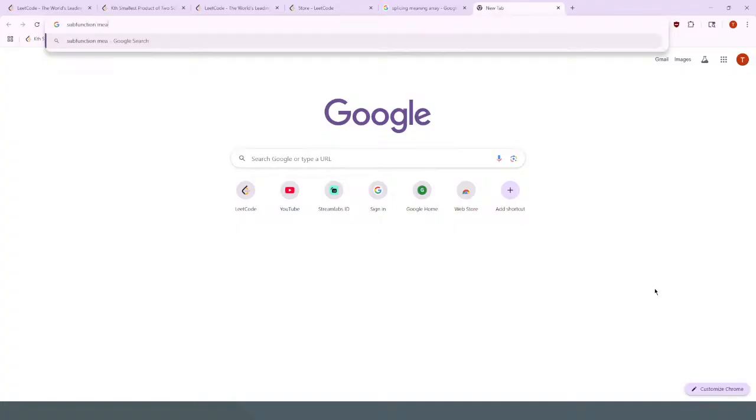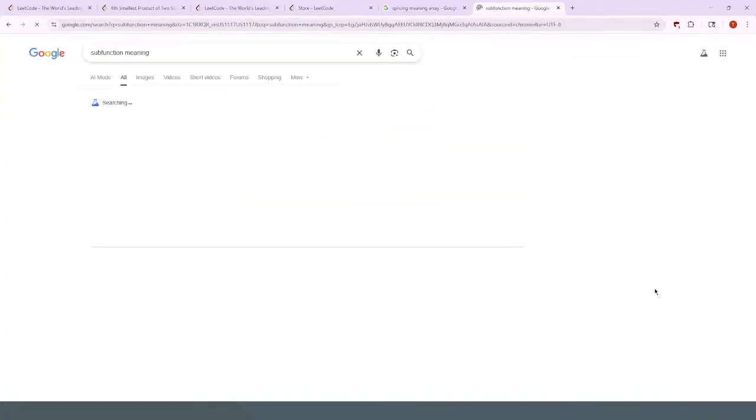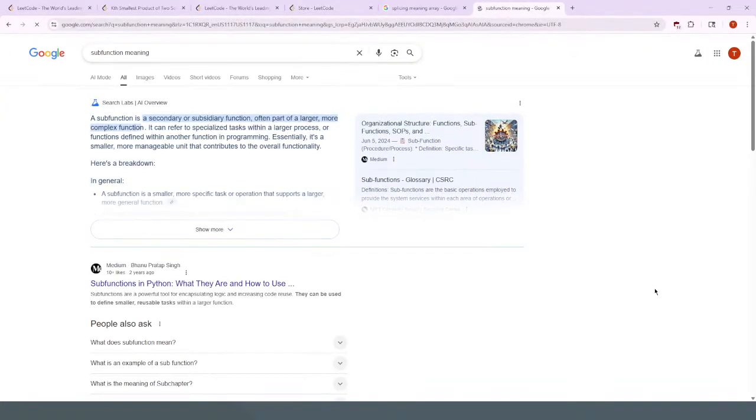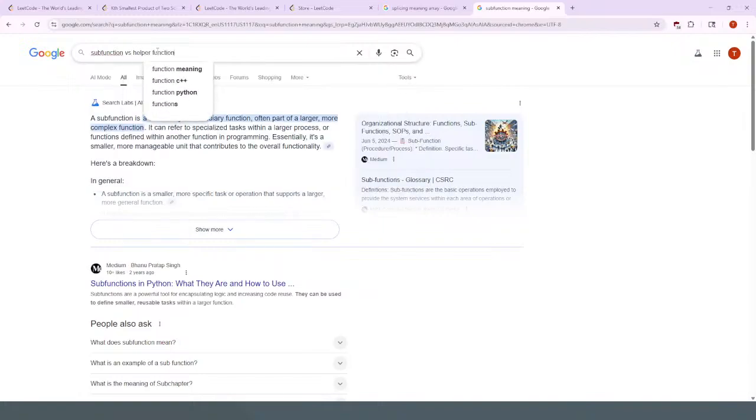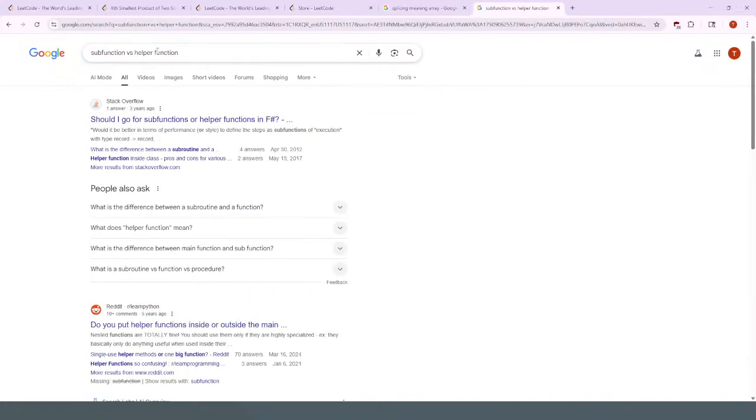Subfunction, helper function. I think they're both kind of synonymous.